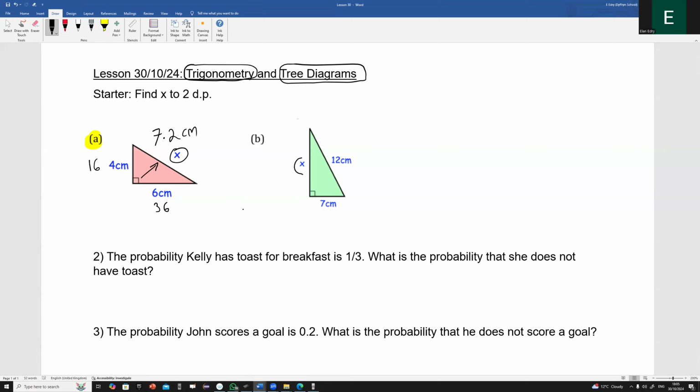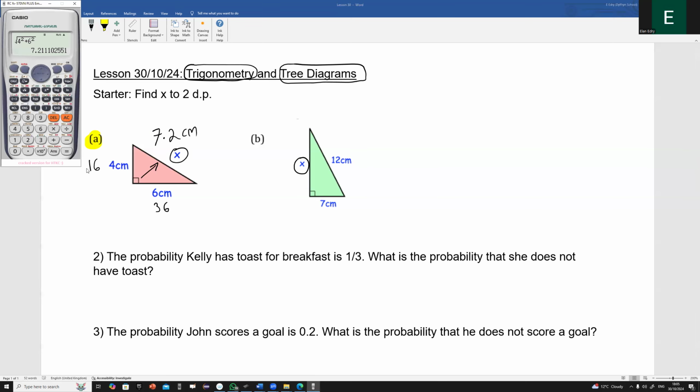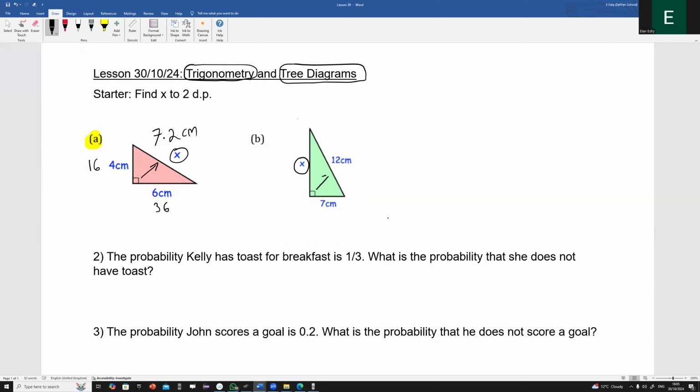We got an answer for B, 13.9. So the only thing for B, the longest side is 12 because it's opposite the 90. So if I want to get X, which is one of the shorter sides, I would need to take away.